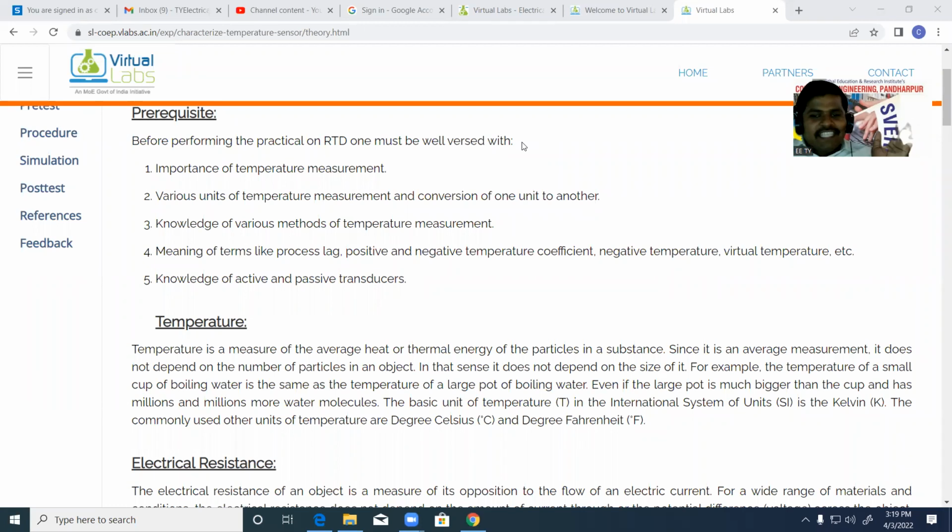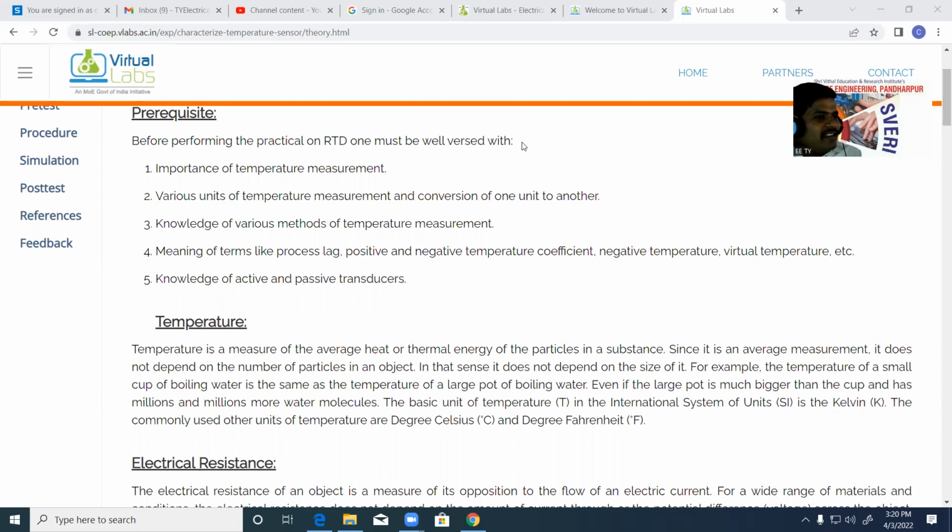Since it is an average measurement, it does not depend on the number of particles in an object. We are not able to tell how many particles there are, but it is an average. Generally, to calculate an average, we consider how many quantities there are, add them up and divide by that number. Right? This is the average.